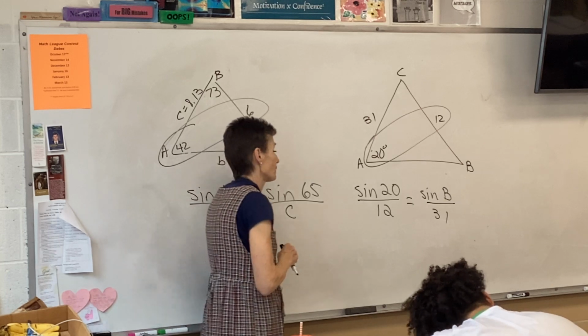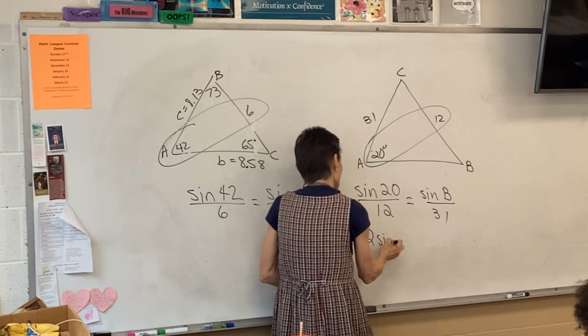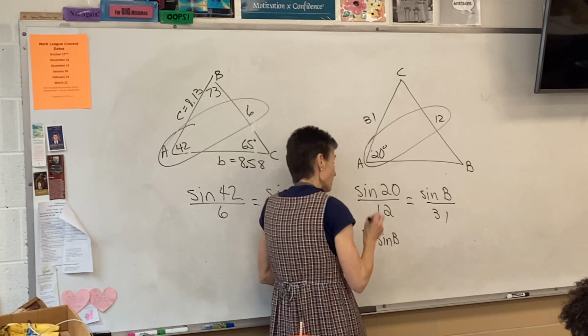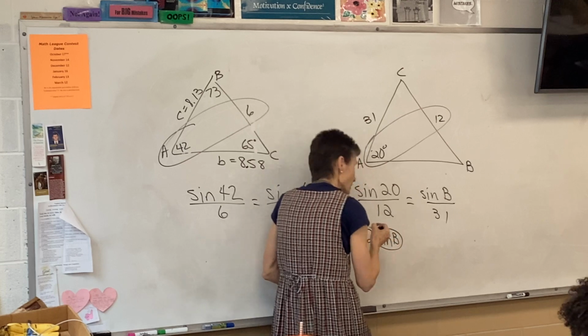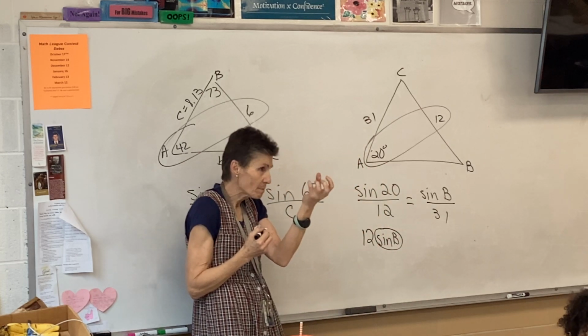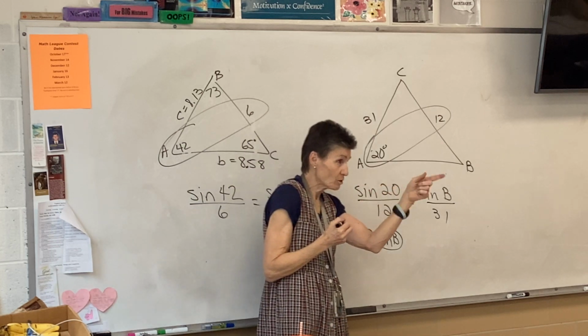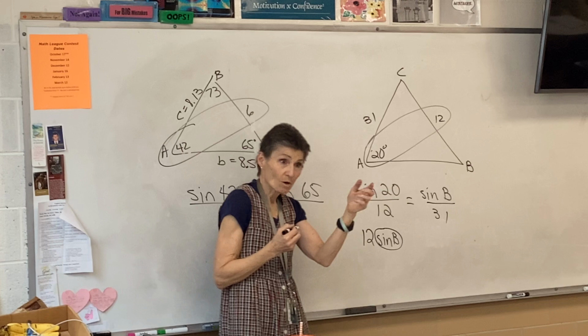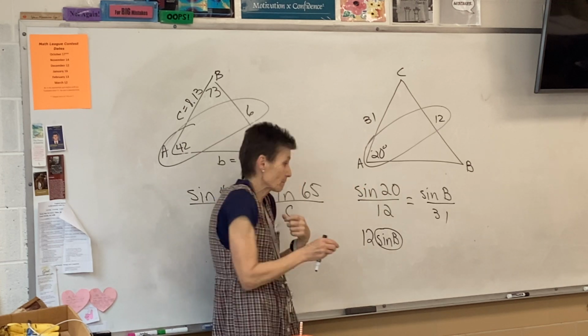Now, let's cross multiply. 12 sine B, and please remember that sine B is one thing. It can't be broken apart. Remember, you always have to have an angle with your sine. So sine B is your variable.